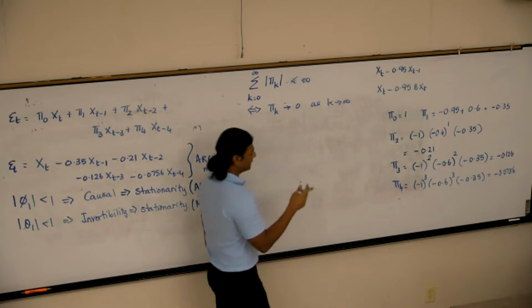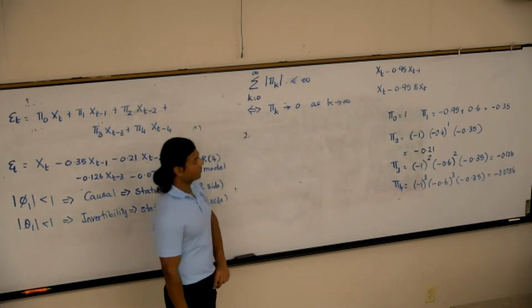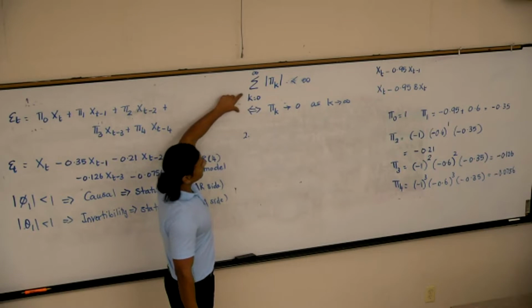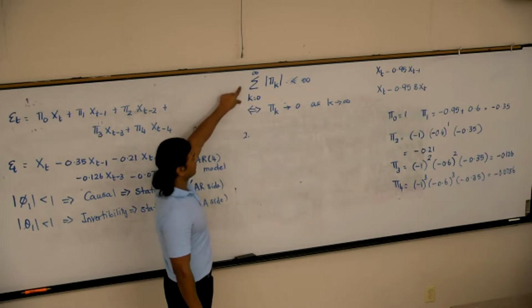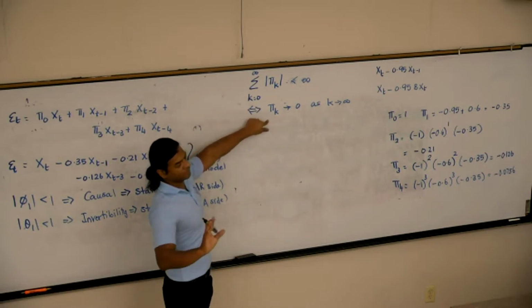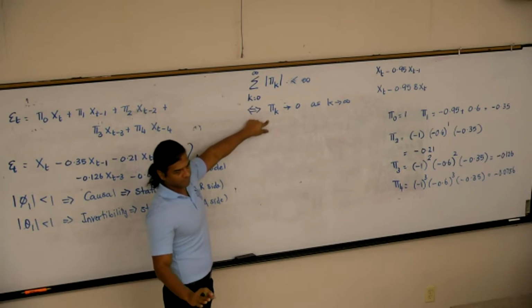Let's say, if, in fact, it is absolutely summable, so both of these are equivalent conditions. So as k gets bigger and bigger, we want the pi values to be approaching zero.